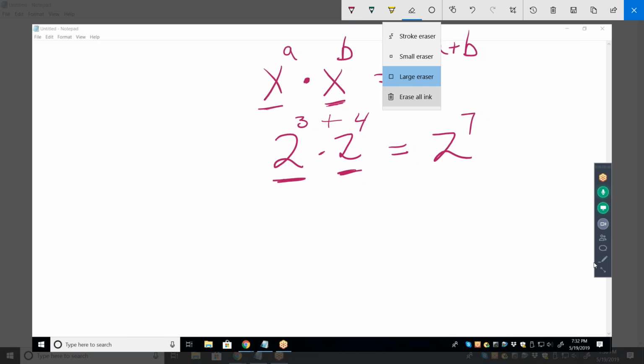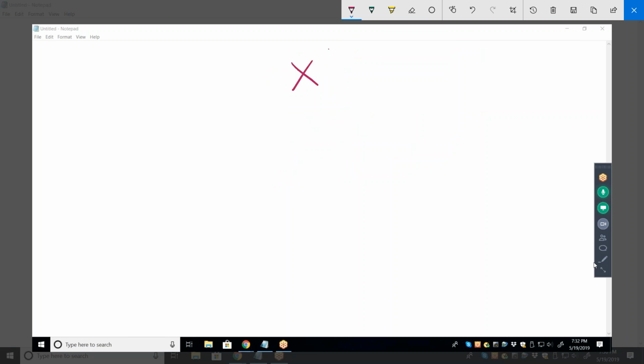Okay? Now, along the same line, here I'm dividing the same base, different exponents. What do I do to those exponents? One level less than division is what? Addition or multiplication?